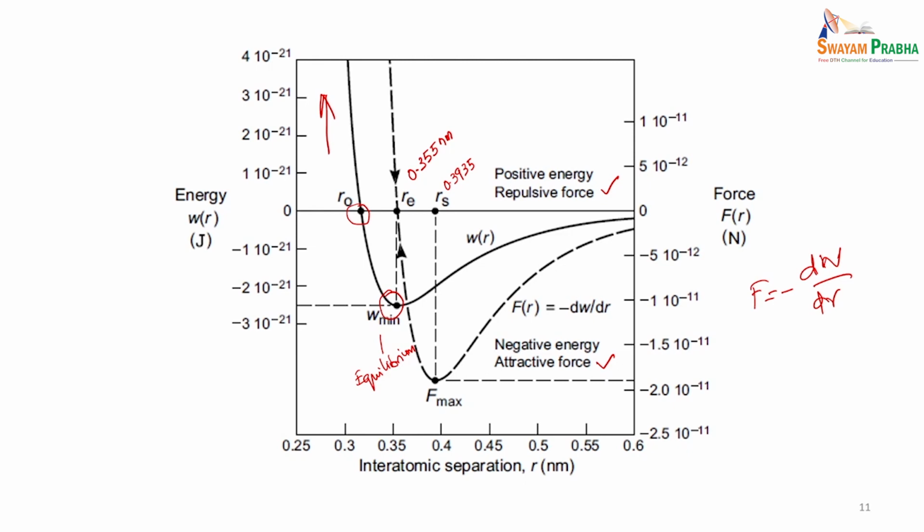So now we can try to understand that even for the separation distance at the nanometer level, playing between 0.3 to 0.4, we are observing three different phenomena: zero potential, a minimum potential, and also the separation distance at maximum force.